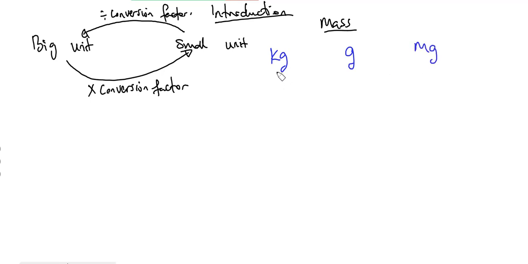When you are moving from kgs to grams, you need to multiply by 1,000. If you're moving from grams to milligrams, you also multiply by 1,000.